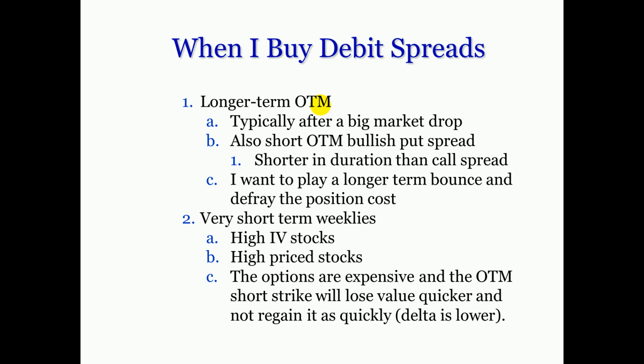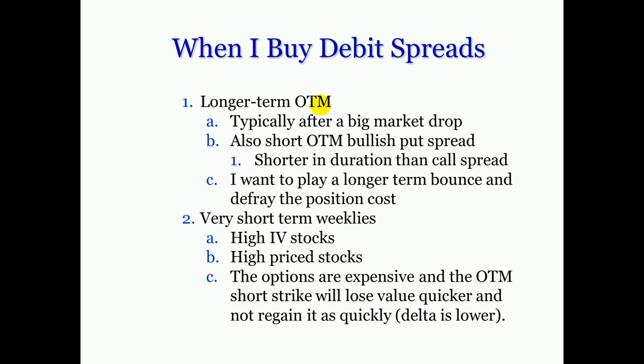So when I buy a longer term out of the money call debit spread, I'm selling a shorter duration bullish put spread, because option implied volatilities after those market drops are typically very, very high. So I need to make sure that I'm selling premium in there.